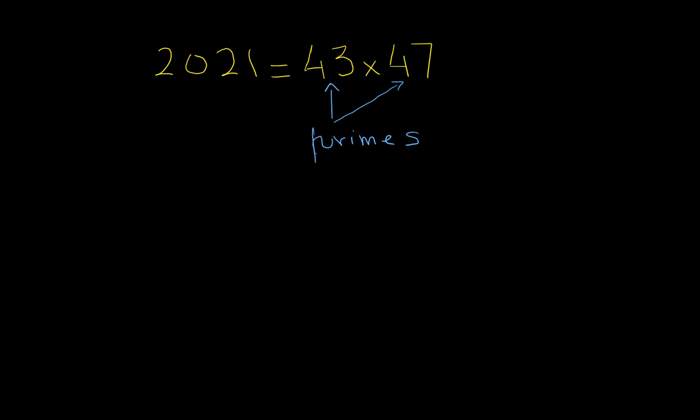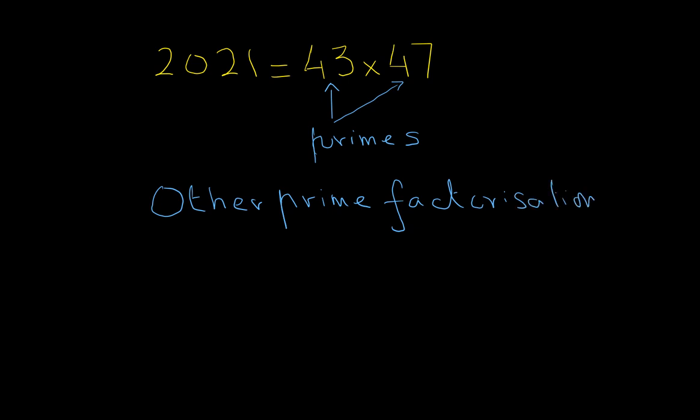So we know that 2021 is equal to 43 times 47, and 43 and 47 are both primes. Now the question is, are there other prime factorizations? So this is a big question that you want to think about. Are there other prime factorizations? So this is what I'm asking you to mull over. And can you write 2021 as a product of two other primes?